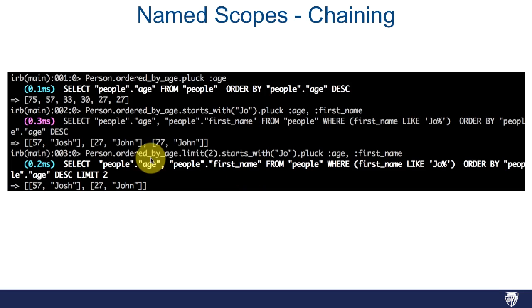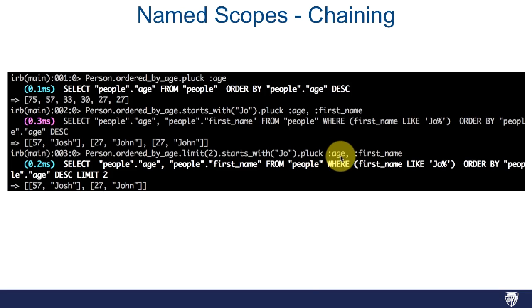And the last example we'll take a look at is combining the scopes as well as the baked-in Active Record, in this case limit, right? So you could do ordered by age. Oh yeah, by the way, I only want 2 records to come back, and give me something that starts with JO, and pluck, and you could do multiple columns in the pluck.